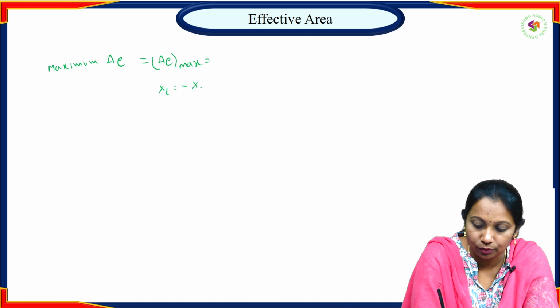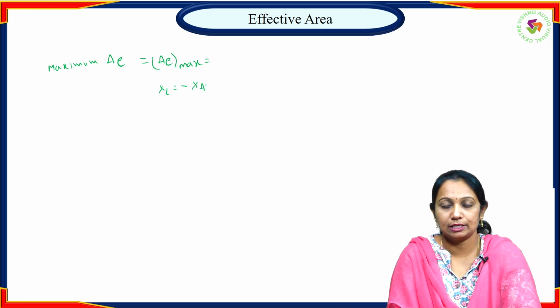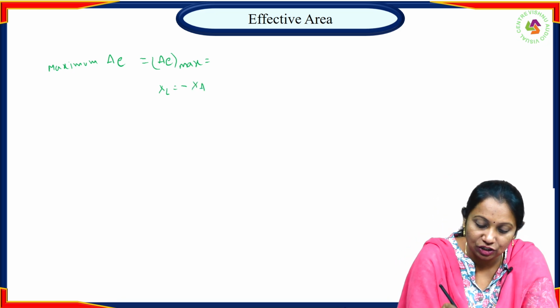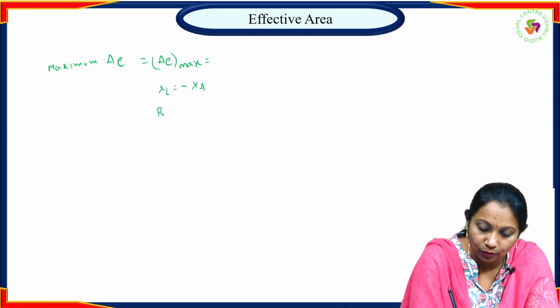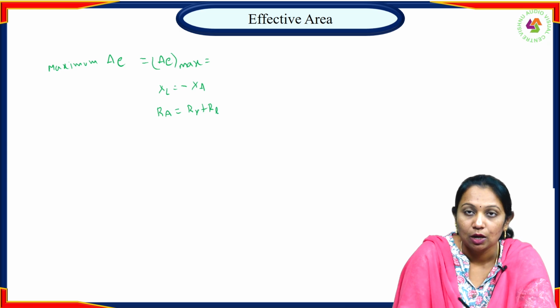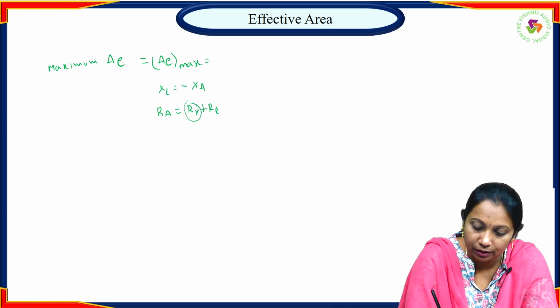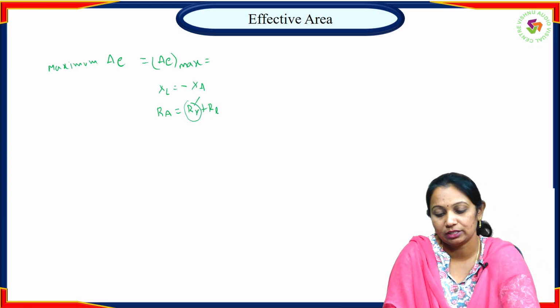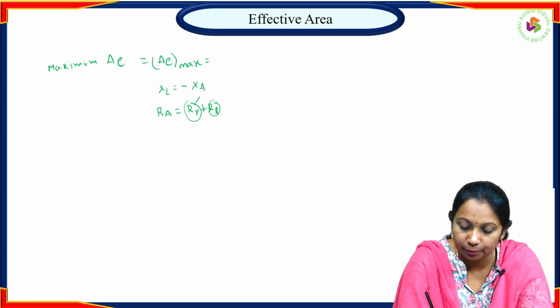XL is equal to minus XA. This is one of the conditions. And in general RA is equal to RR plus RL, where RR represents the radiation resistance and RL represents the loss resistance.